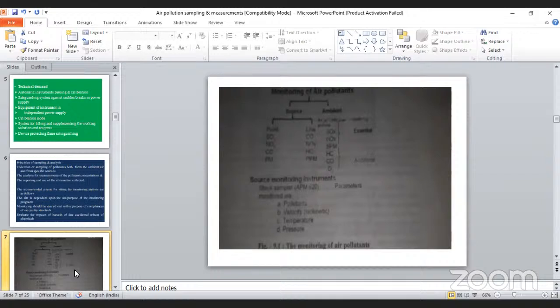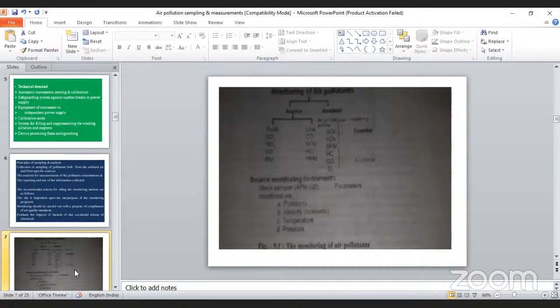That is point source. But the line sources are similar: carbon monoxide will be there, oxides of nitrogen, hydrocarbon, along with respirable particulate matter. But ambient, which are the essential pollutants, are oxides of sulfur, oxides of nitrogen, and suspended particulate matter.